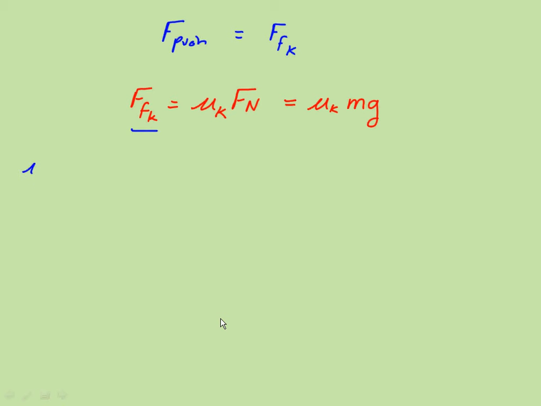If you go to your table, μk for wood on wood is equal to 0.2. There are no units on it, it's a ratio. Your mass was 25 kilograms, and gravity is 9.8.